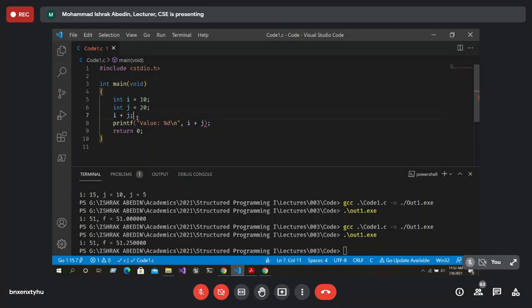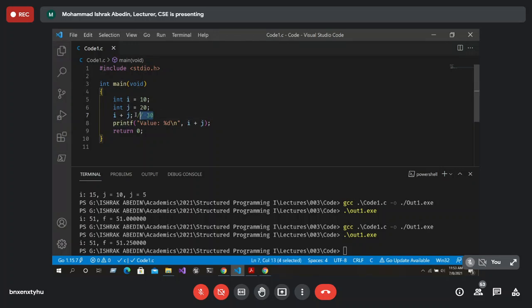So what will be the evaluation of this expression, i plus j? Simply 30. But has this plus operator changed the value of i or j? No, sir. They simply produced a new value, that is 30, without modifying the values of i and j.